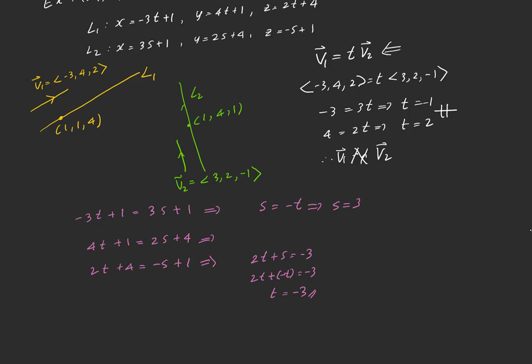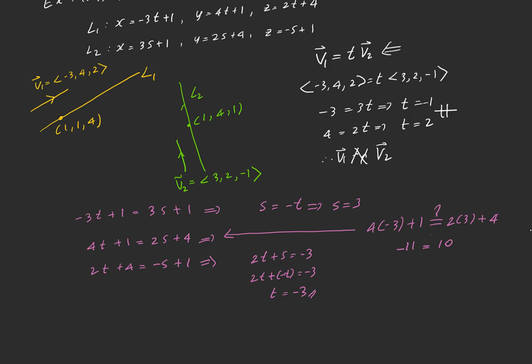Right. Now we use the second equation to check whether this is satisfied. So let me check. Yes, s equals 3, t equals -3. Therefore, 4 times -3 plus 1, we need to check whether this equals 2s plus 4, which is 6 plus 4. Solving this, you see -12 plus 1 is -11, and 6 plus 4 is 10.